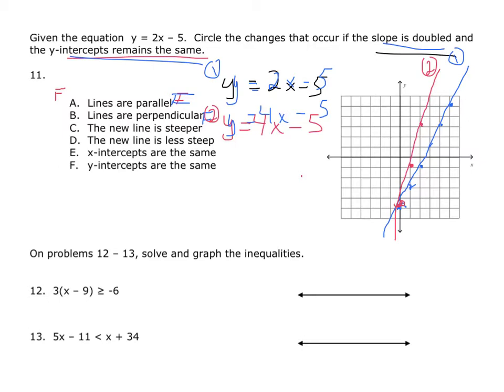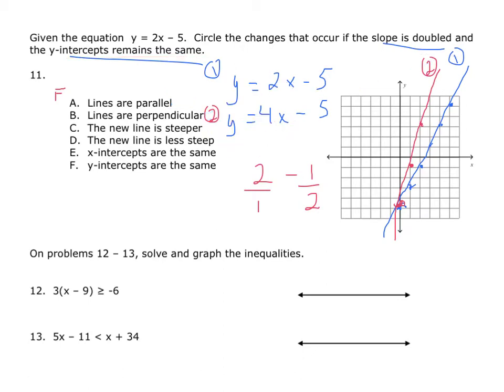All that means is if I take the slope of the first line, which is 2, and make it a fraction, the slope of the second equation needs to be the opposite reciprocal. So we flip the fraction, and then we change it from a positive to a negative. Obviously 4 is not the same thing as negative 1/2. So it's not perpendicular, so B is false.